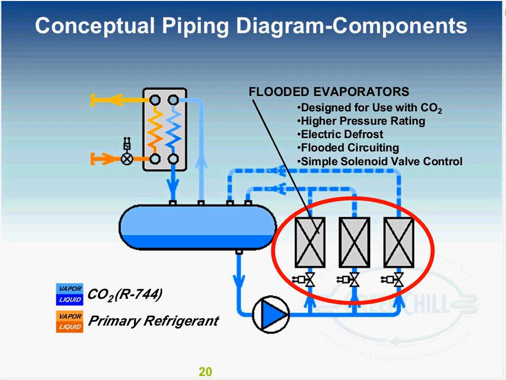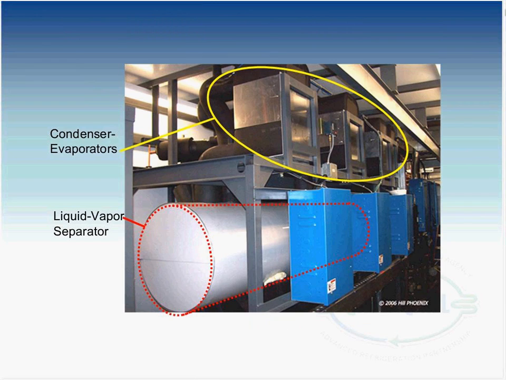The way to control the temperature is with a solenoid valve that's mounted right before the display case or walk-in freezer, opening and closing that solenoid valve to let cold CO2 into the evaporator when the discharge air temp sensor in the display case or the freezer indicates there's a need for additional cooling. Here's a machine room of a real system with the condenser evaporators mounted above the liquid vapor separator.